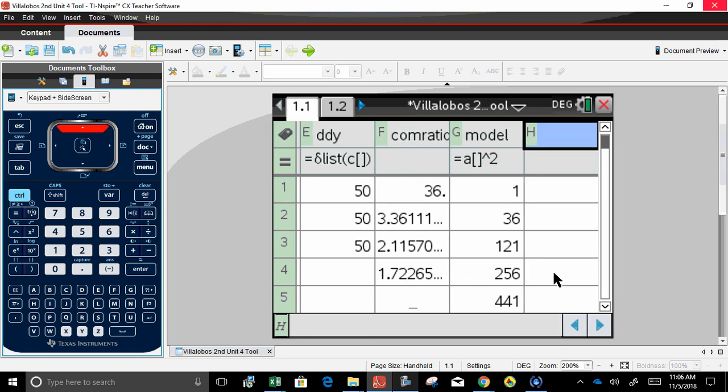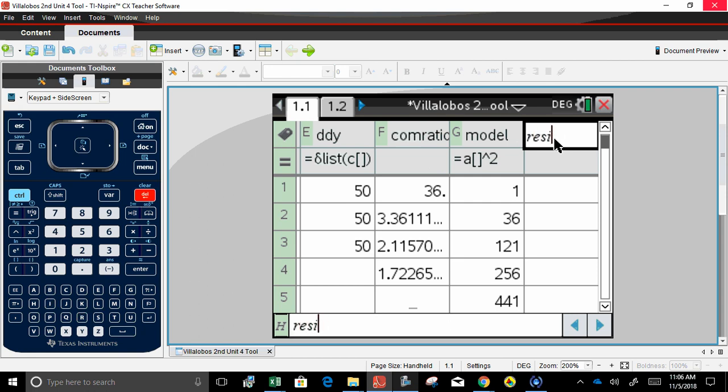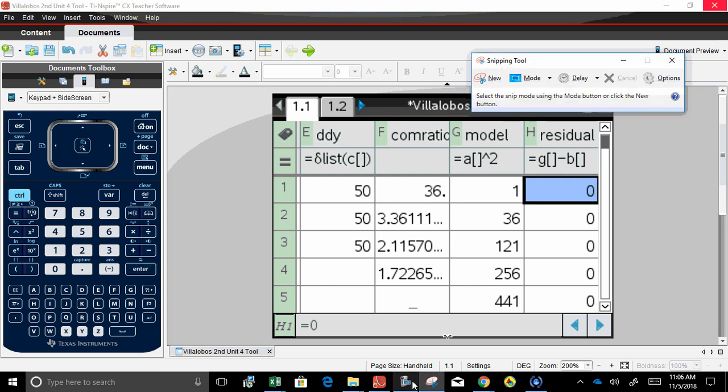I can add a column here, residual, where that would be equal to G minus B. And G minus B is the difference between my model and the actual output. And you see that there is no difference. So it's G minus B? Yeah.